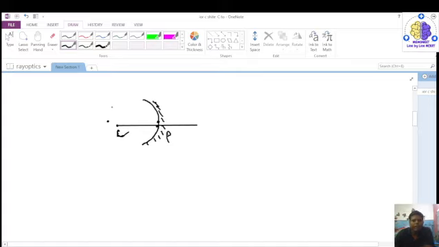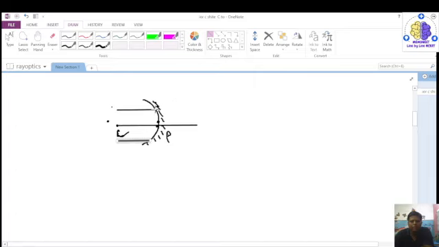Now, when a light ray is incident on the surface and is parallel to the principal axis, let's draw two lines which are parallel to the principal axis. There are two rays which are traveling parallel to the principal axis. After reflection, what will happen?